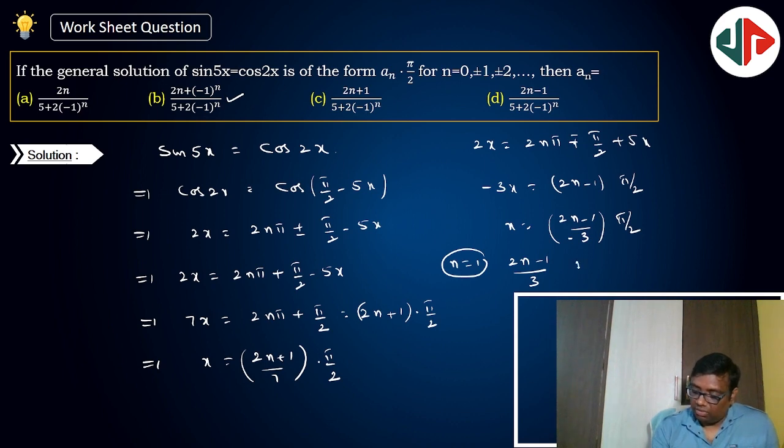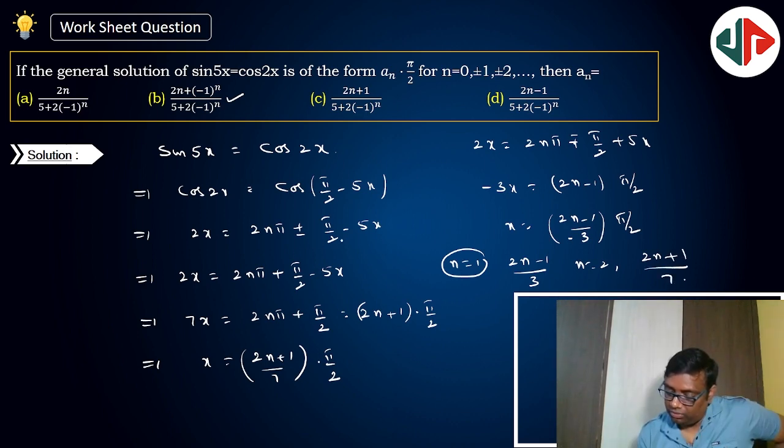Let n is equal to 2, then this value is 2n plus 1 by 5 plus 2, 7, minus pi by 2 plus 5x. So minus 3x, 2n minus 1 by minus 3 value. 5x is equal to n pi minus 1 whole power n.